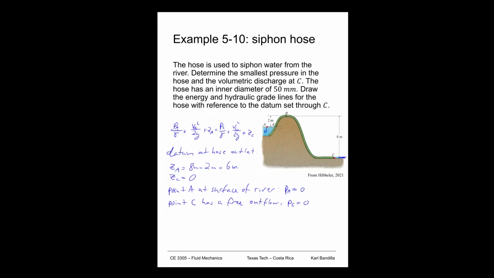So we can say point A at surface of river, that means it's moving very slowly compared to what's moving in the hose. So we can assume that VA is equal to 0.